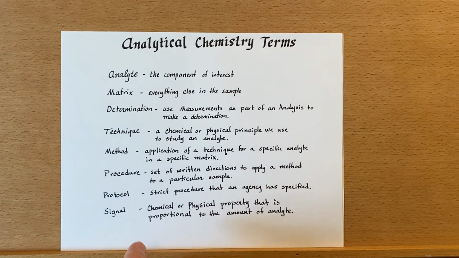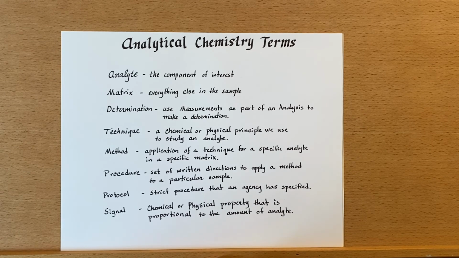Now, finally, we're going to talk about signal. The signal is the chemical or physical property that's proportional to the amount of analyte. So, in the case of a titration, this would be the volume of titrant. The volume of titrant would be the signal. In a UV-vis absorption measurement, it would be either the percent transmittance or the absorbance would be the signal.